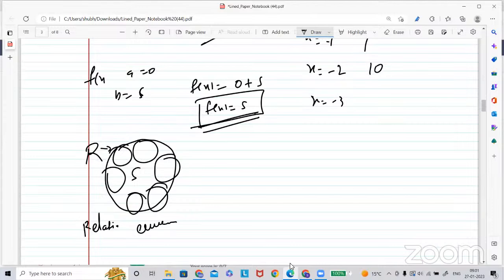Suppose set S is a set of integers. Now I am defining a relation on this set.